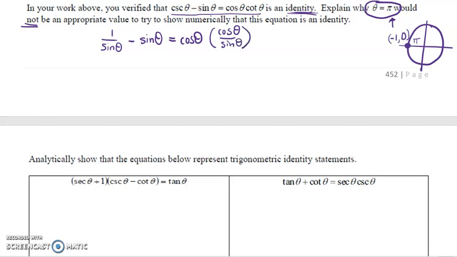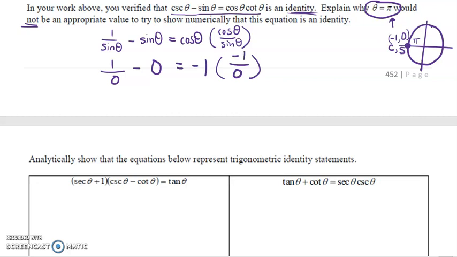So using this ordered pair, I'm going to plug in the specific values. Maybe I'll do a c comma s, cosine comma sine. The sine value is 0, so for every sine, I'm going to throw in a 0. And the cosine value is -1, so for every cosine location, I'll throw in a -1.